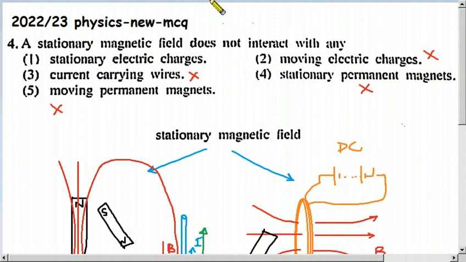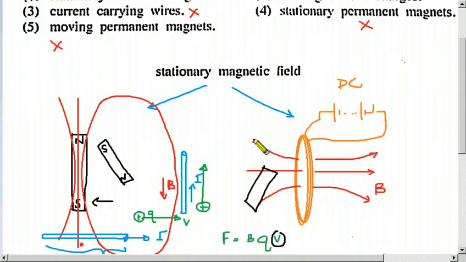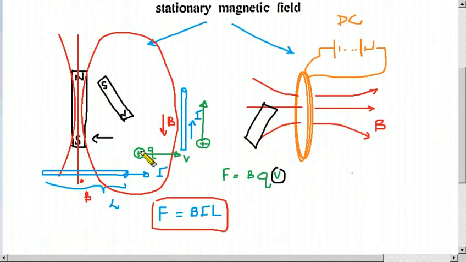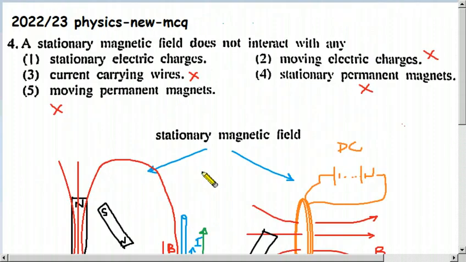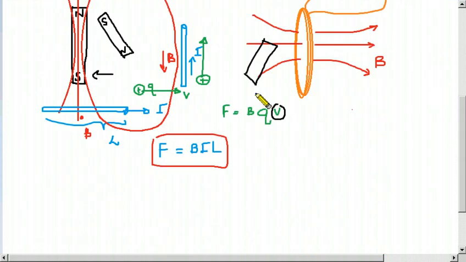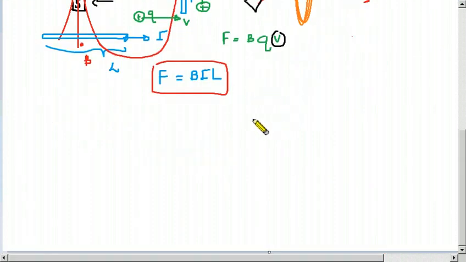So if we place a moving charge, there will be a force. So this one therefore is wrong. A moving electric charge always has a force.